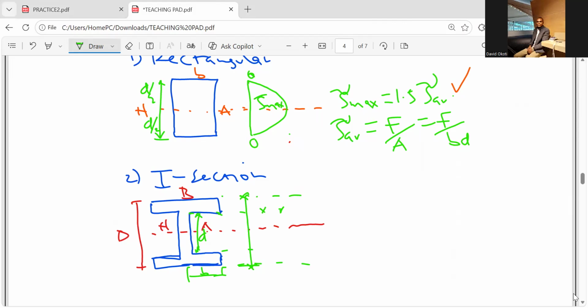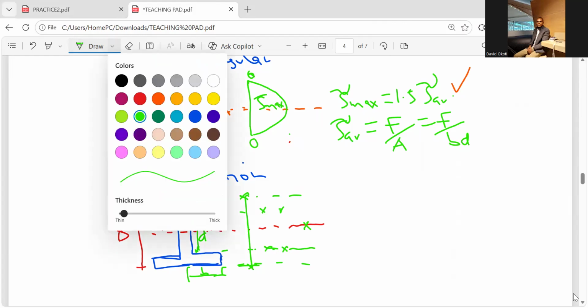Then we'll go to the neutral axis, which will give us the highest value of shear stress. Then we'll come down here, the intersection between the web and the bottom flange, and we also plot 2 points, and then finally it will be here. So it will take a parabolic shape, just like the rectangular one.